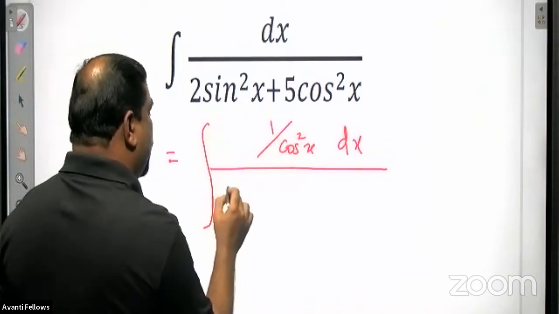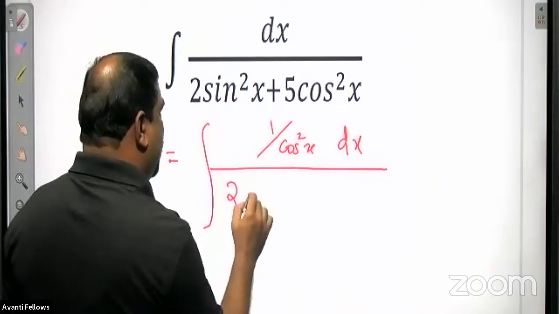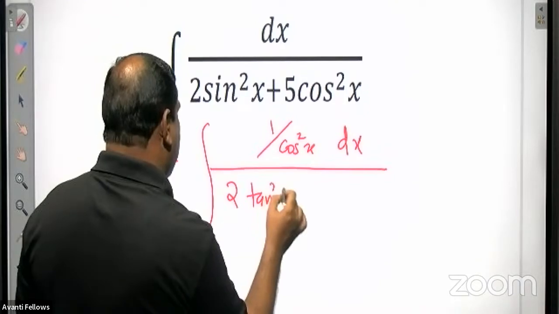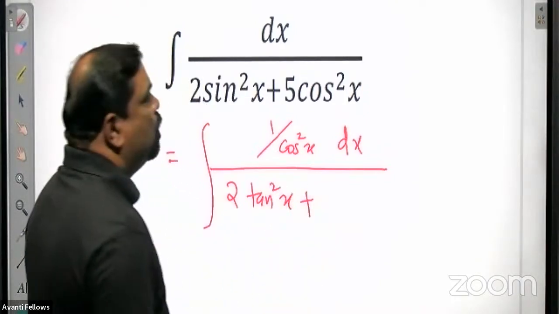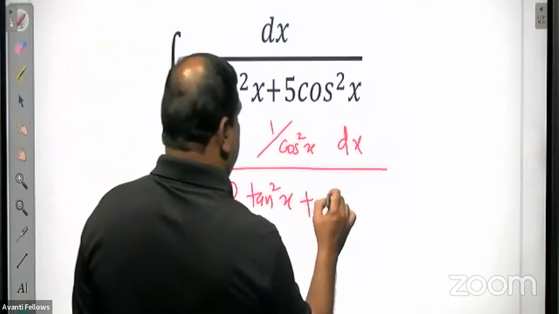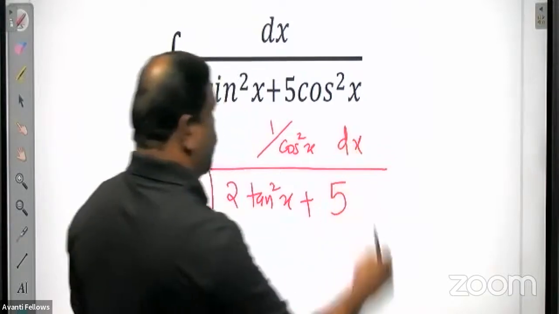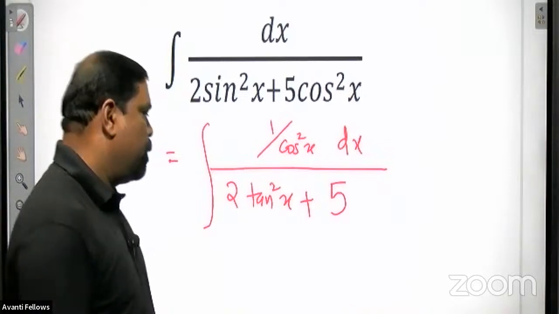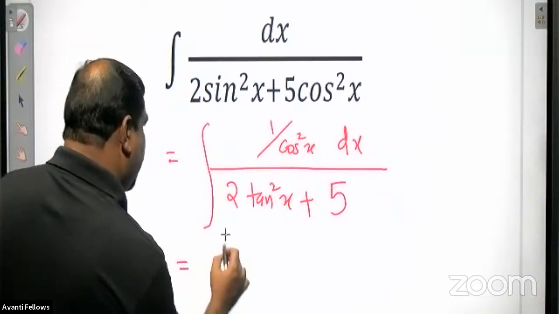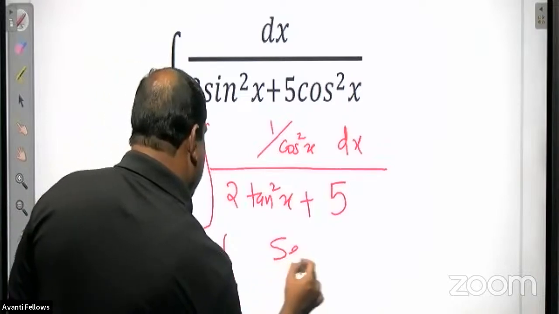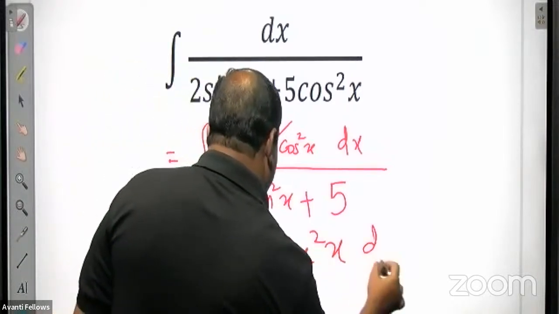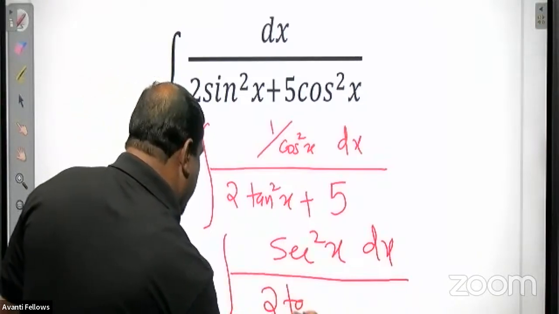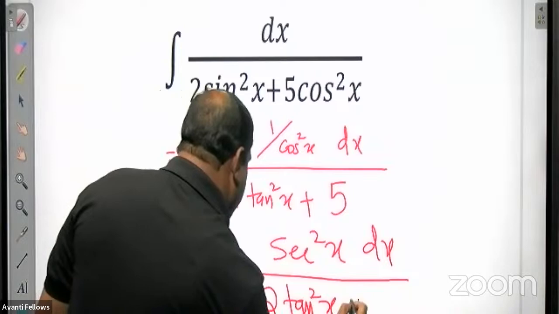So the first term will be 2 sine square x by cos square x, which is 2 tan square x, plus 5 cos square x by cos square x, which is 5 only. So that is equal to sec square x dx divided by 2 tan square x plus 5.